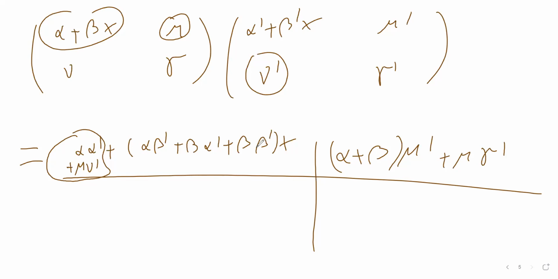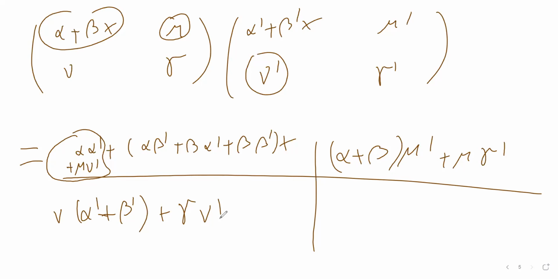Okay, let's go on. Here I have mu times this element in the field. So this is mu, sorry. So it's mu times alpha prime plus beta prime. Again, I use this symmetric bimodule structure. So I put x to 1 when I multiply an element in the field. And I have just gamma mu prime. And it works because you should have something in the field, and you do get something in the field.